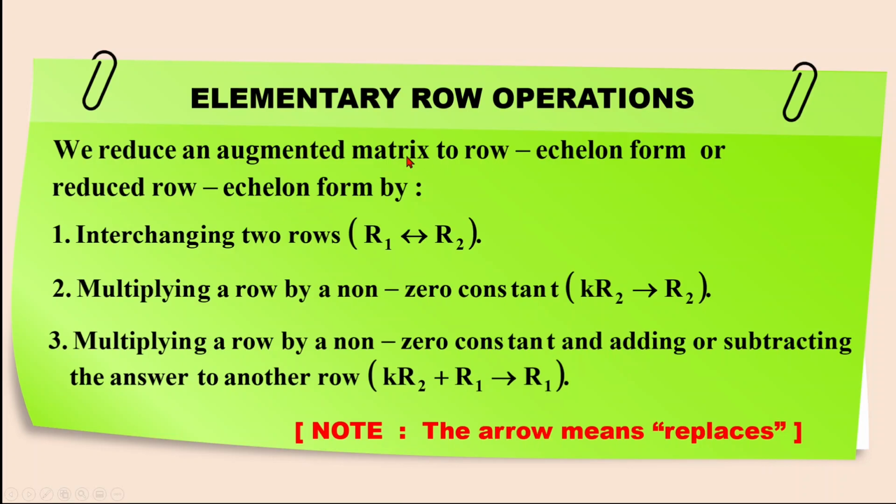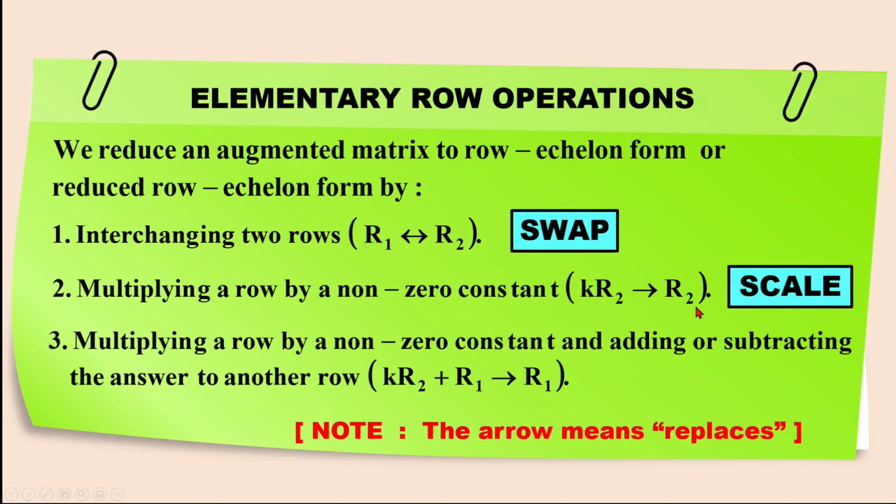Well, to get it into row echelon form, we can interchange 2 rows. So we can take row 2 and change it with row 1, or row 1 interchange with row 2, and we call that step swap. And then we can also multiply a row by a non-zero constant. So maybe we can take row 2 and multiply by k, and that will give us the new row 2.